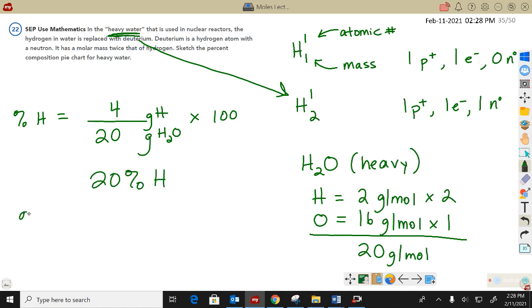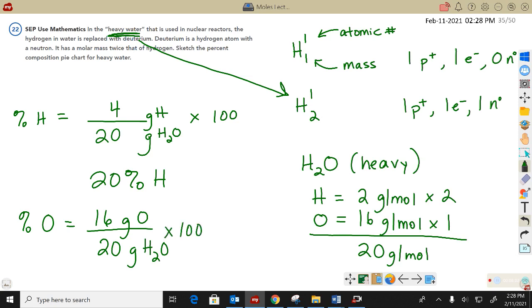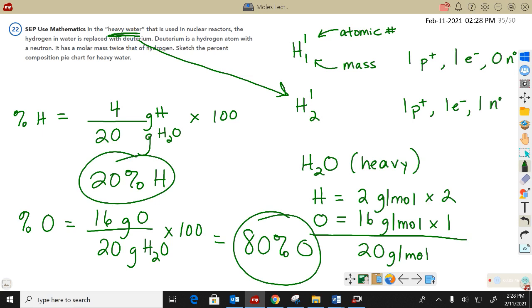Then obviously we could do the same thing with the oxygen. It would be the 16 grams of oxygen divided by 20 grams of heavy water times 100 to make it a percent. And just to confirm that I've got this right, what do you know? I'm looking at 80%. So I know I did it right if my percent oxygen and my percent hydrogen add up to 100. And they do.